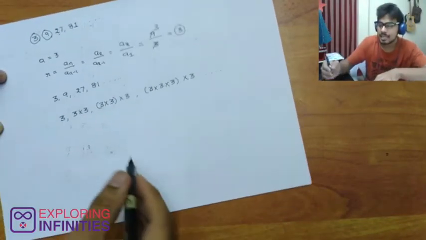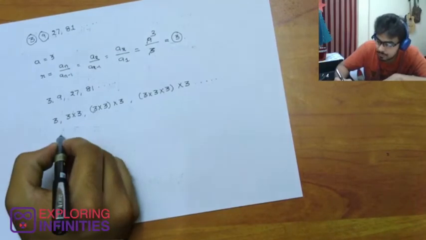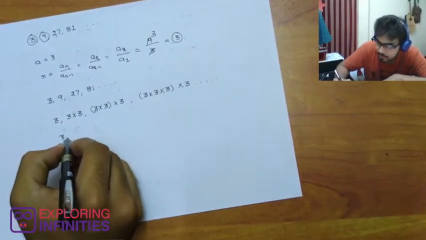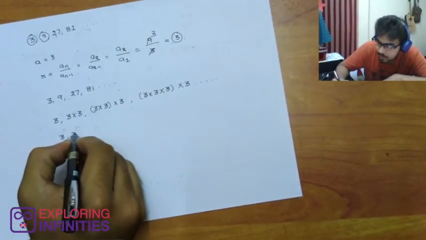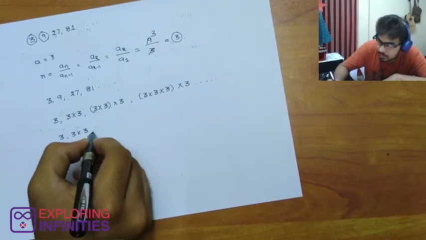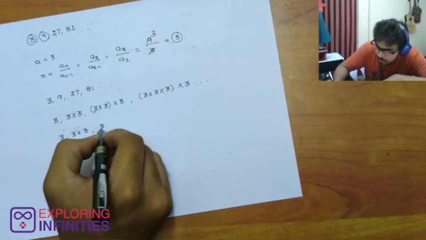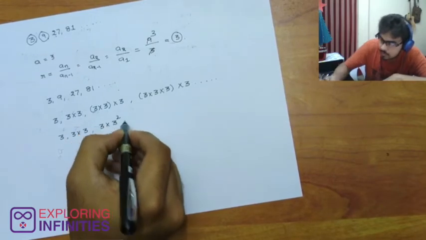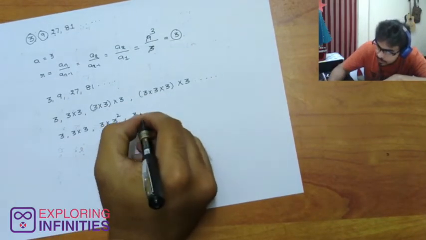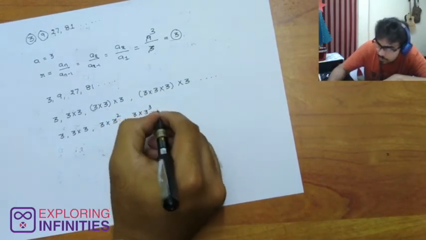And let me write it this way: 3, 3 into 3, 3 into 3 square, 3 into 3 cube, and so on.